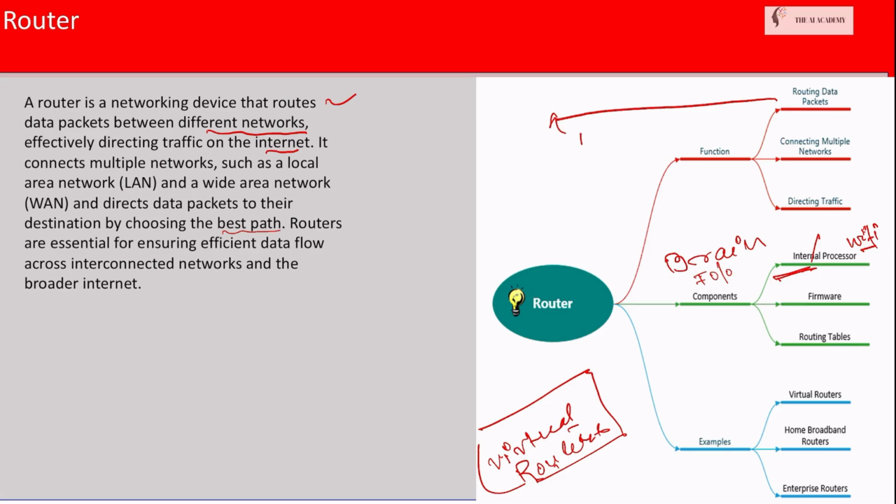This process involves examining the destination IP address of each packet and consulting the routing table to find the optimal route. The routing table contains information about various network paths, including metrics like hop count, latency, and bandwidth. Routers use routing algorithms such as distance vector or link state to calculate the best path based on these metrics.